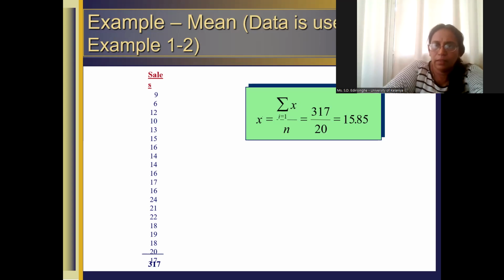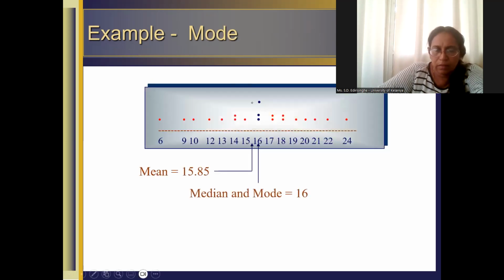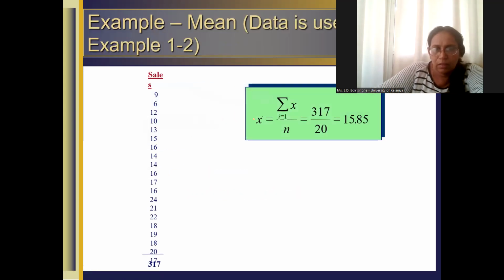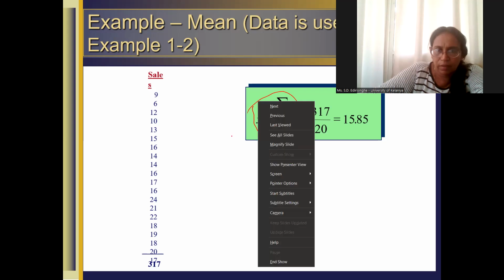Then what we have done here, yes, I have the formula right here. You can see the formula here to find the mean. So this is the formula we use. What we are going to do is find the sample mean.